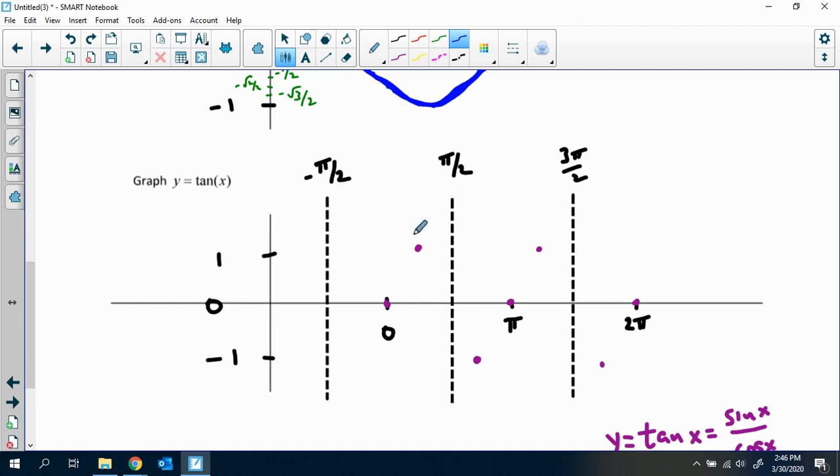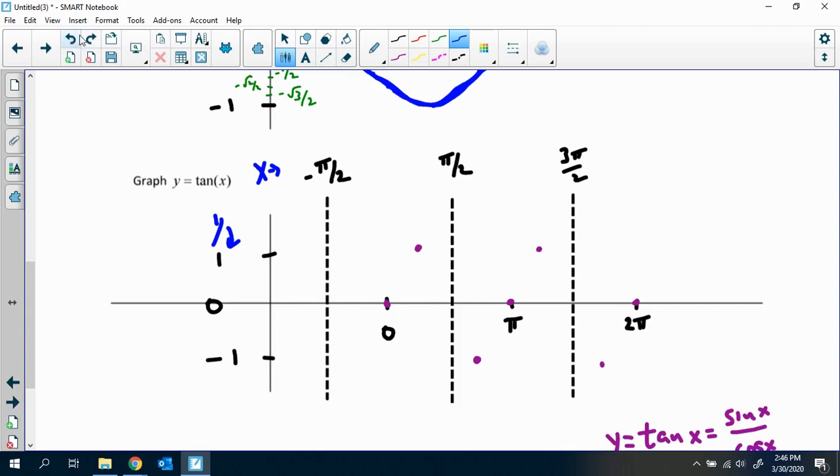Now we have these undefined values at negative pi over 2 and pi over 2. These represent my x values up here, and then these represent my y values down here. Notice that I don't have to put the x equals 0 on this line if I don't want. I can, but I'm just putting x equals 0 right here for my own ease.